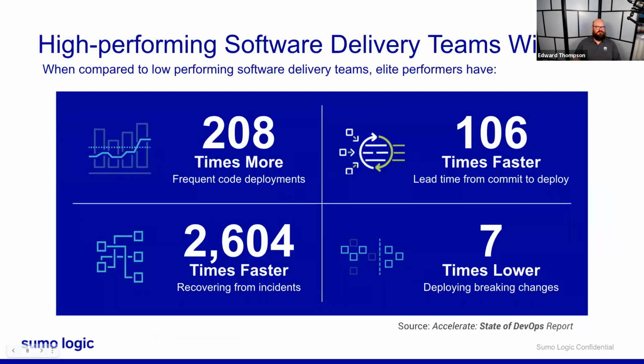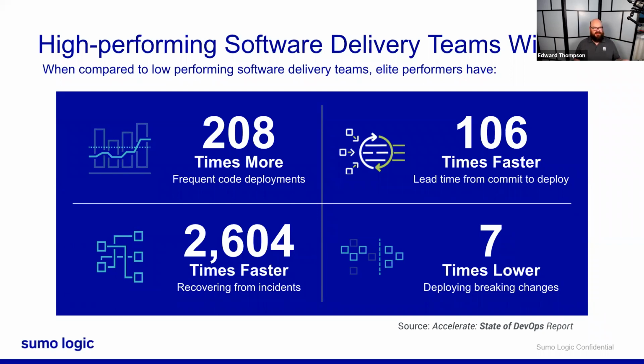So why? What's the why behind this? And the fact of the matter is that high-performing software delivery teams win. DORA, when they look at these metrics, they break people down into low performing, high performing, elite performers.